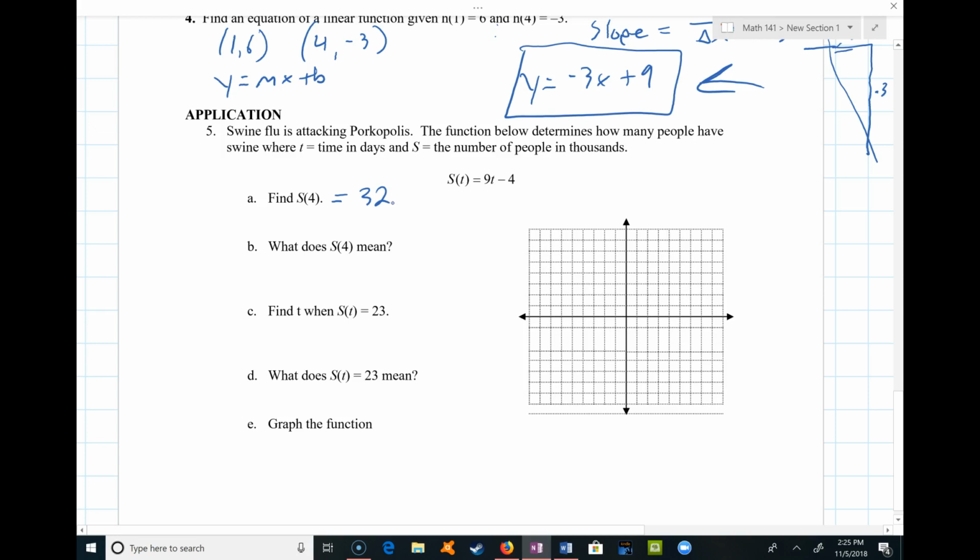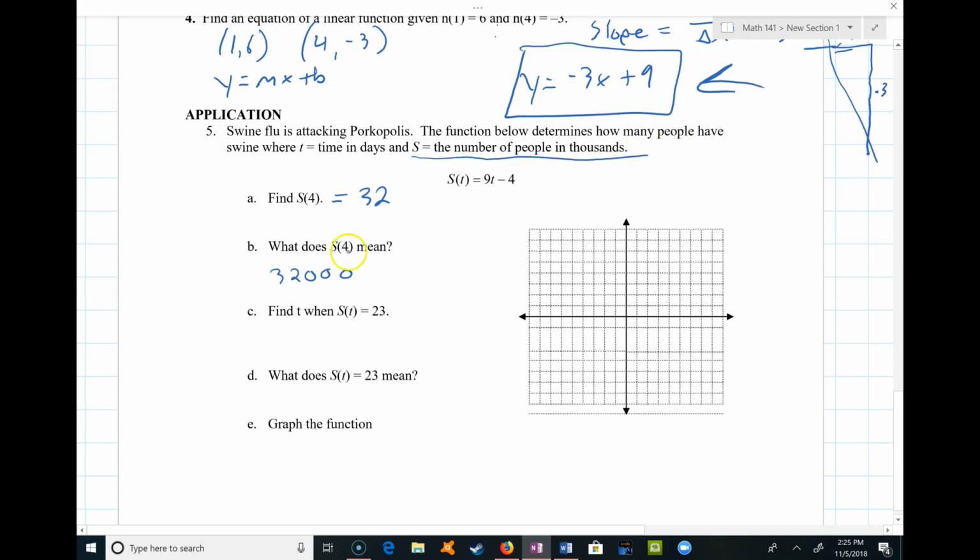What does s of 4 mean? Well, first of all, because s is in the number of people in thousands, it does mean 32,000. We have to read back here, and it says the function below determines how many people have swine flu.